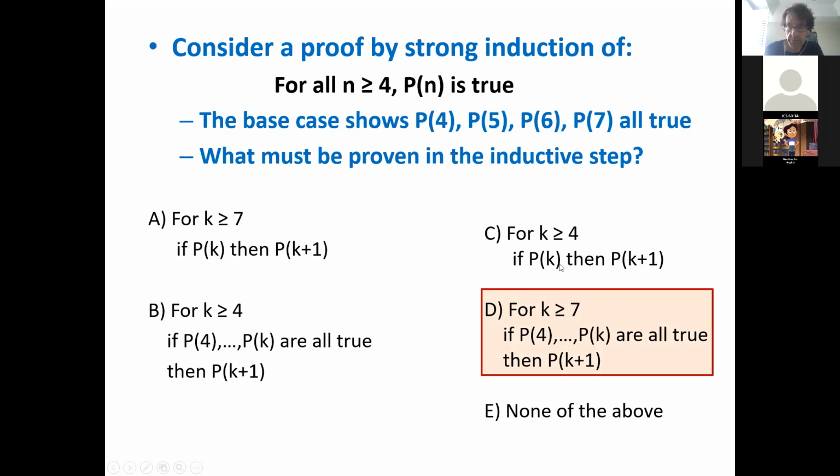This implication might not be true, while this one is, because this implication basically adds more to the left-hand side, to what you assume in the implication. You know that some fact by itself might not imply something, but if you add something to that fact, then the two will imply something you want.